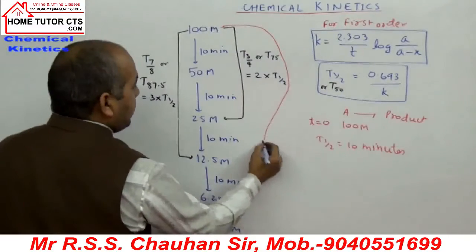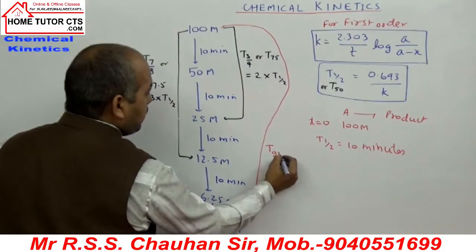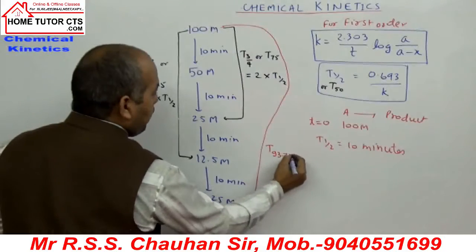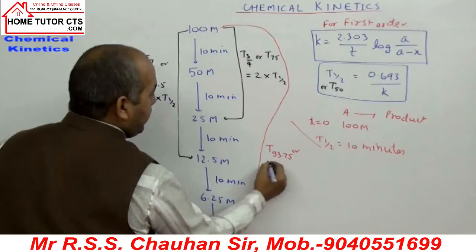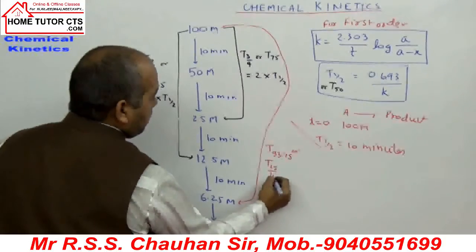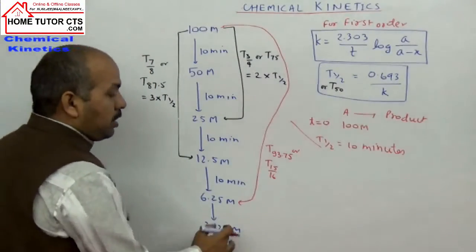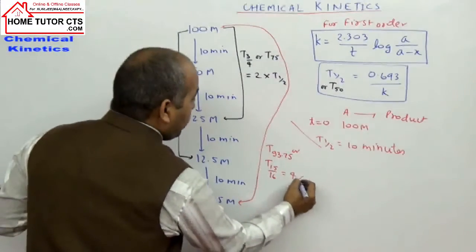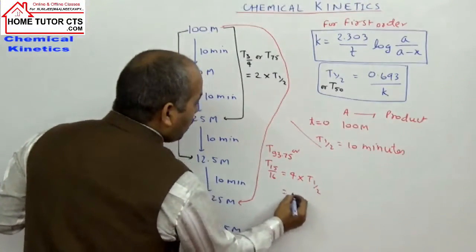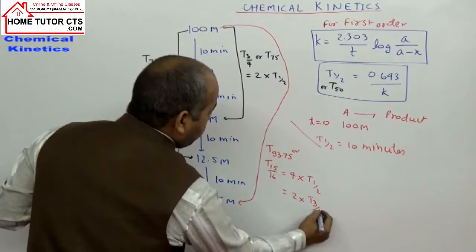This time is called t 93.75, the fraction in percentage terms, or it is also called t 15/16. The next can be called t 31/32 and so on. It is 4 t half, or double of the t 3/4.